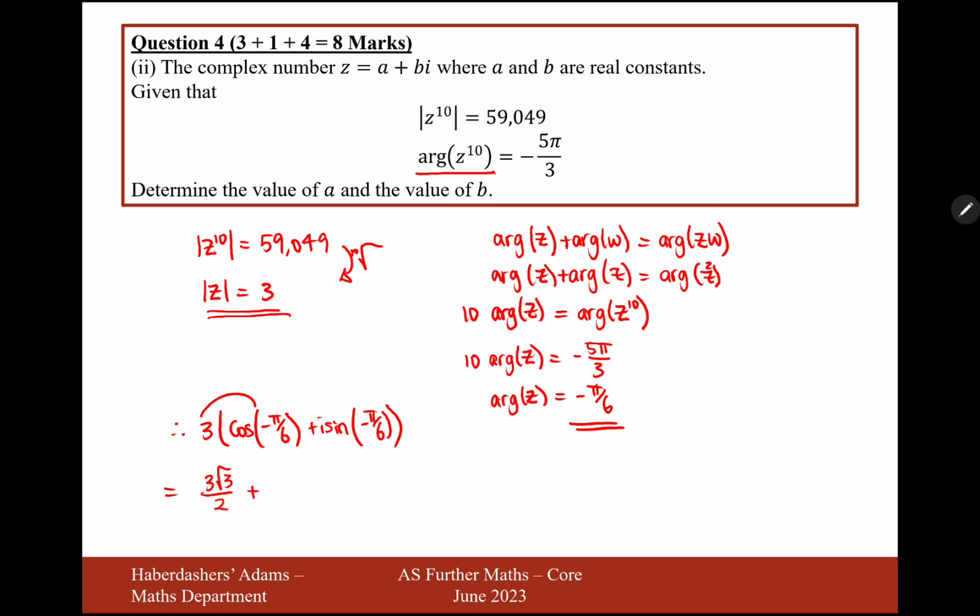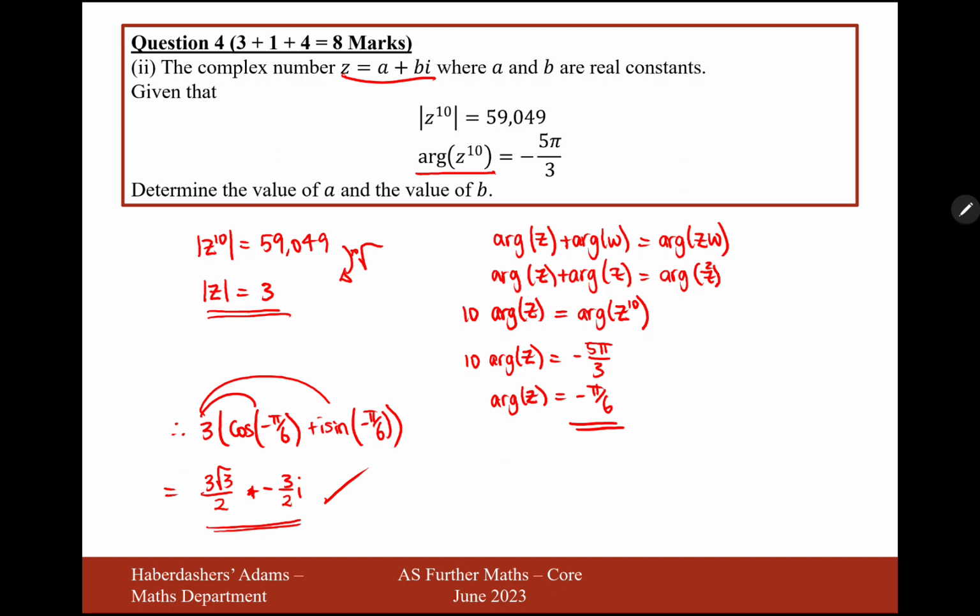And then add, I'm going to change it now for sine and expand the 3 with the back part and multiply it by i, minus 3 over 2 i. There we are, that's the value of a and b when it's written in Cartesian form.